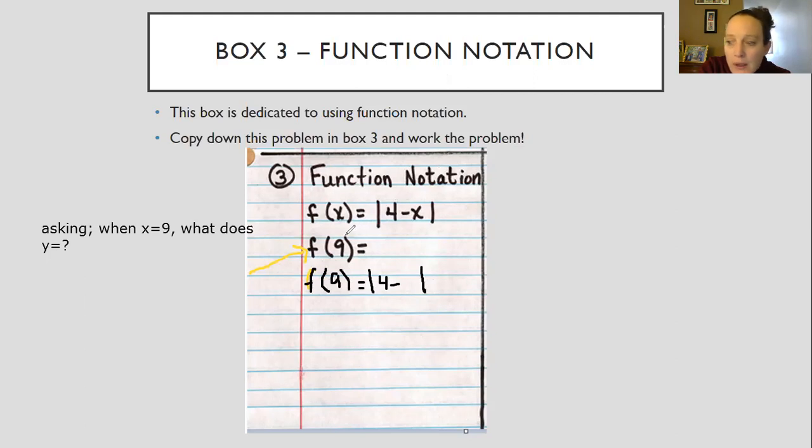Well, what am I inputting? Well, here we go. Again in green, that's my input. f of 9 means when x equals 9, that is my input. So again, green means input. All right, let's try to finish this problem. So I have f of 9 equals, okay, so what is 4 minus 9?